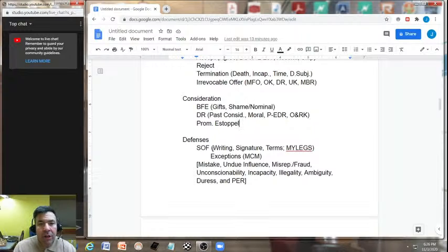So to put it a little more basically, in order to avoid fraud from interfering with a contract, the statute of frauds requires certain contracts to have a writing, to have that signature of the party to be charged, and to contain necessary terms. What are those types of contracts?